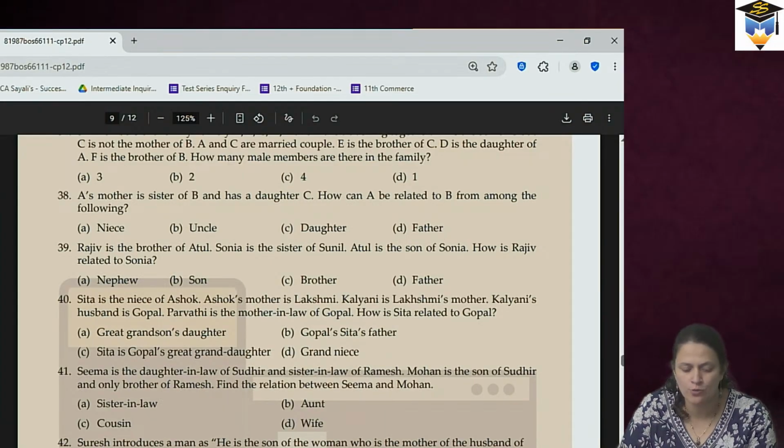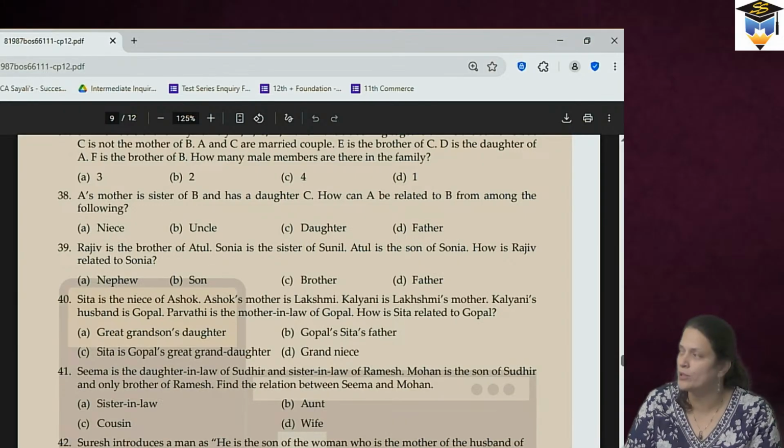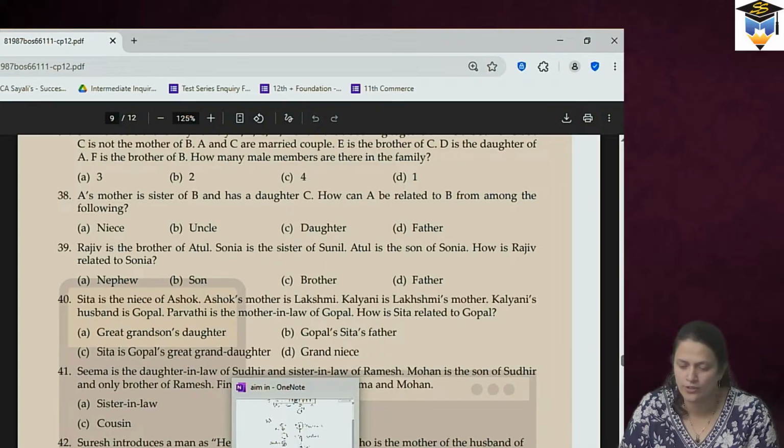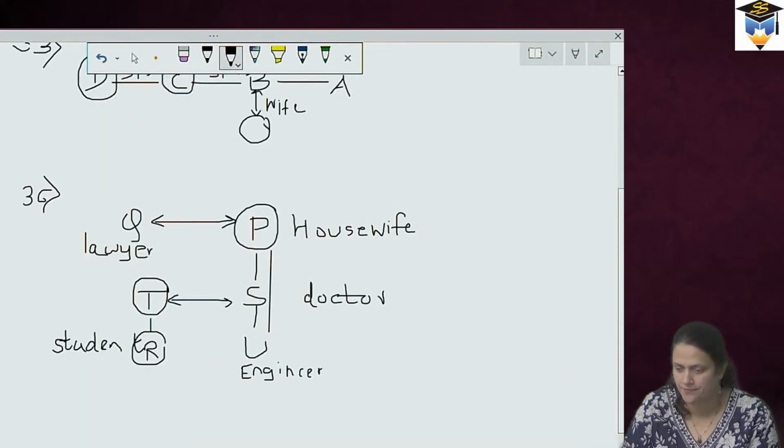Seema is the daughter-in-law of Sudhir and sister-in-law of Ramesh. Mohan is the son of Sudhir and only brother of Ramesh. Find the relation between Seema and Mohan. Try केलं का? Try. Okay. Seema is the daughter-in-law of Sudhir. Let's start with that.